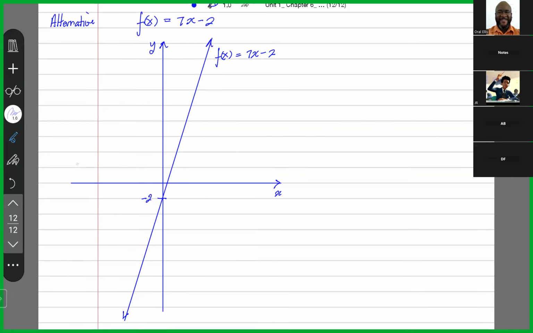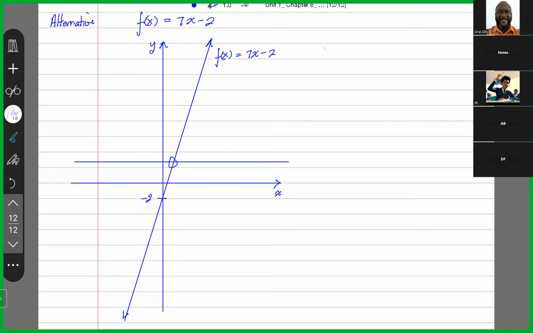So let's draw a horizontal line. We can see that this horizontal line cuts the graph one time. So the qualification is that it must cut it at least once, meaning that if it cuts it one time, it is onto. If it cuts it more than one time, it is still onto.